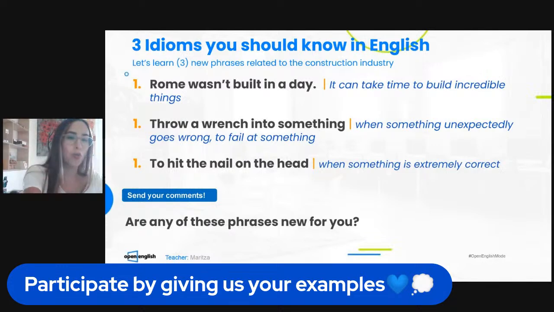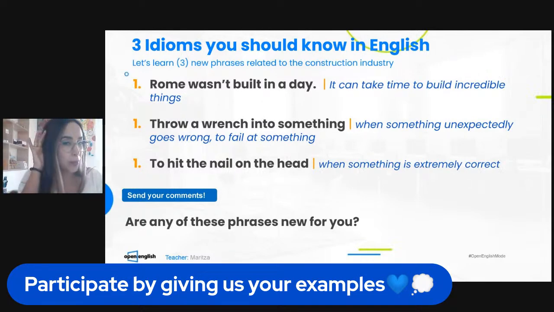So a wrench is a tool, and to throw, this is the action to throw, but we are not literally talking about throwing something. This is to say when something unexpectedly goes wrong, when something is a fail.